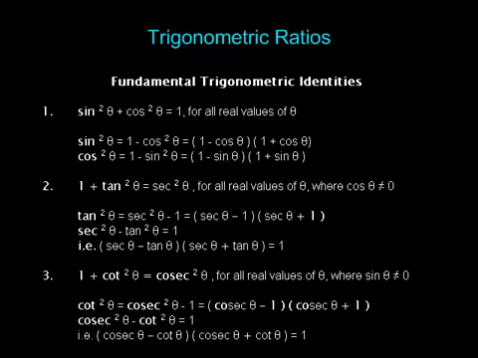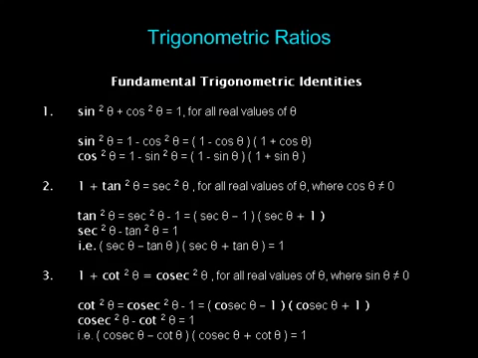From this we can say sin square theta equal to 1 minus cos square theta, that is 1 minus cos theta into 1 plus cos theta. Also cos square theta equal to 1 minus sin square theta, that is 1 minus sin theta into 1 plus sin theta. Second fundamental identity is 1 plus tan square theta equal to sec square theta for all theta where cos theta is not equal to 0.